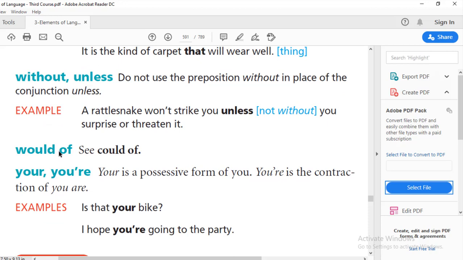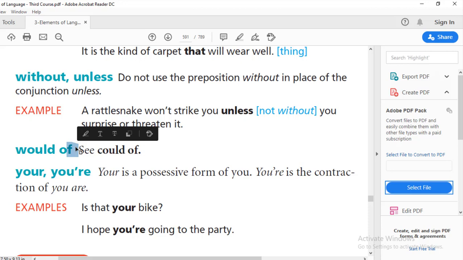We said before that we cannot use the word of when we are saying would or any modal verbs generally. You know the modal verbs? Can you remember them? Must, should, what else? Can, could, may, might, would, ought to, whatever.